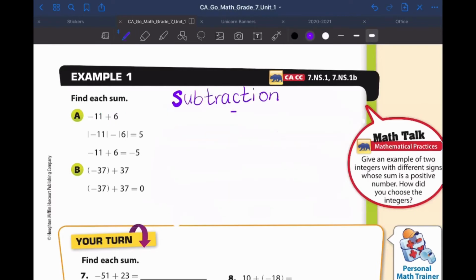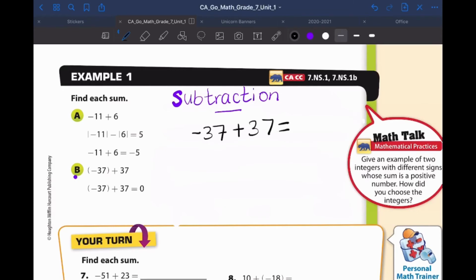And now we are going to look at the next example. Remember, we are using subtraction to find the sum. Remember, subtraction is like you're taking away, minus, and all of that. So I have negative 37, and they want me to add 37 more.